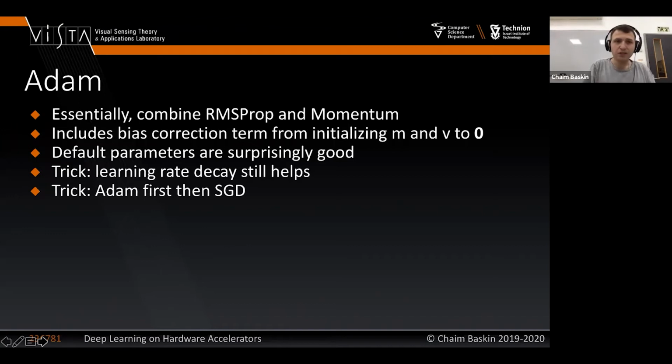We want to include a bias correction term for initializing our mu and v to zero. Using the default parameters is surprisingly good, and they say the learning rate still helps here.